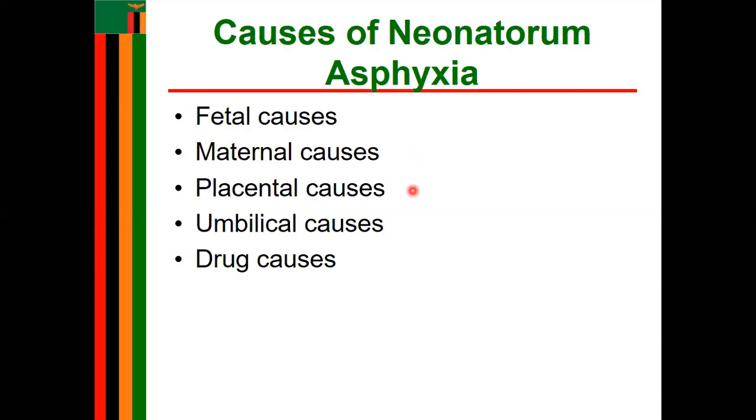Then when it comes to placenta causes, we can look at it in terms of antepartum hemorrhage. Antepartum hemorrhage could be due to early detachment of the placenta from the uterus, causing this woman to bleed excessively, meaning oxygen supply will be impaired to the baby.